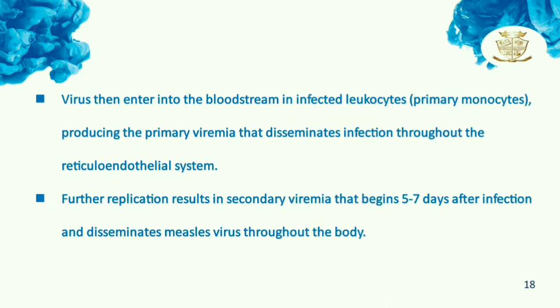Then the virus enters the bloodstream in infected leukocytes, producing the primary viremia that disseminates infection throughout the reticuloendothelial system. Further replication results in secondary viremia that begins 5 to 7 days after infection and disseminates measles virus throughout the body.